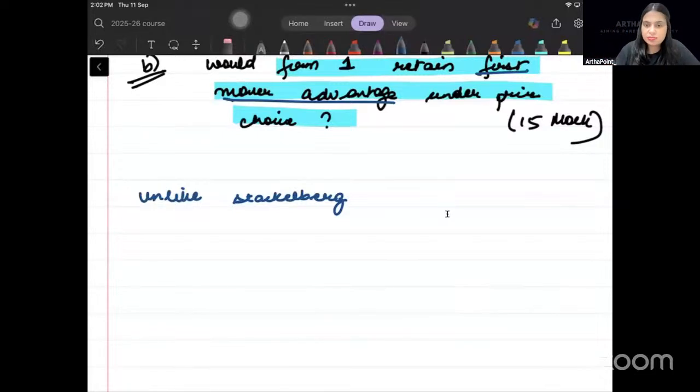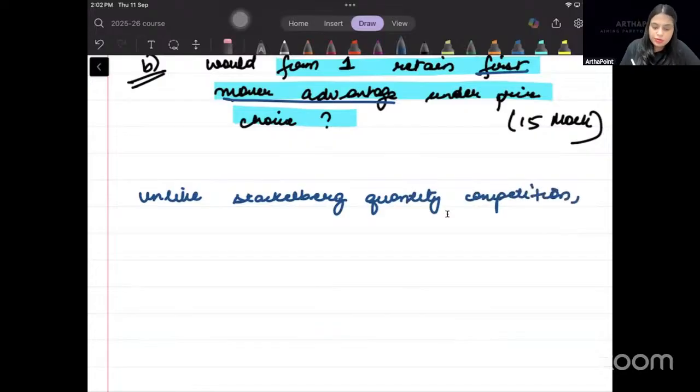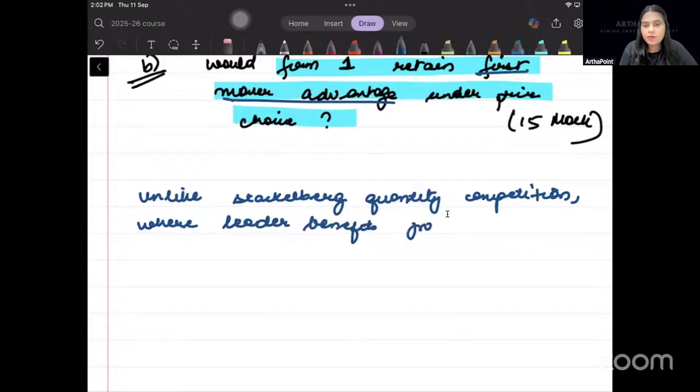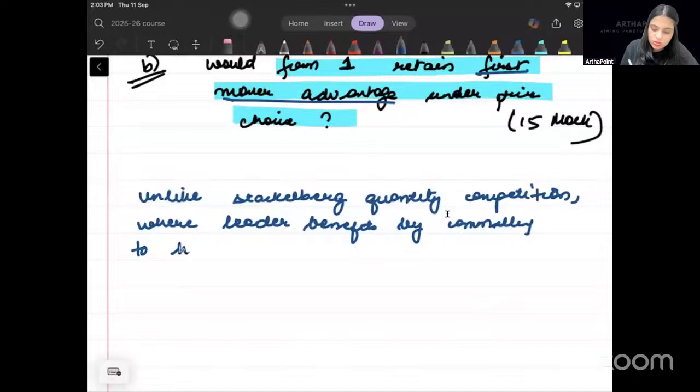So unlike Stackelberg, quantity competition where the leader benefits by committing to higher output, so you saw firm 1 was able to produce more output as compared to firm 2.